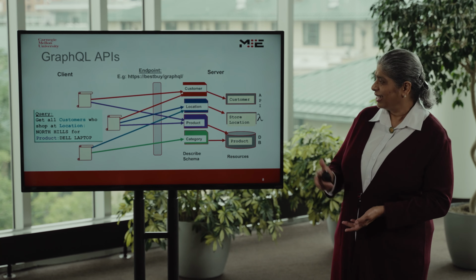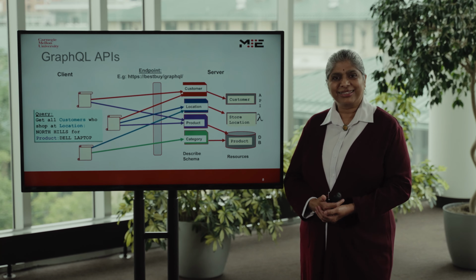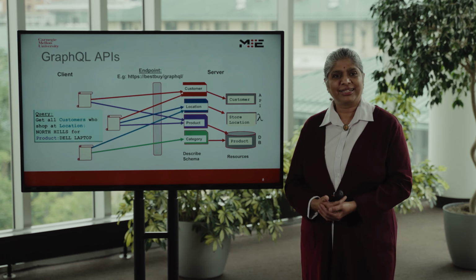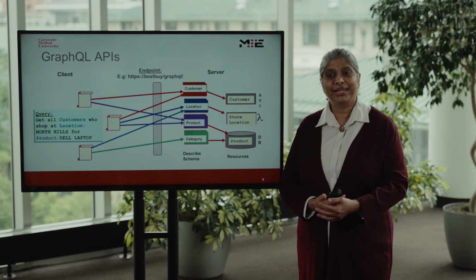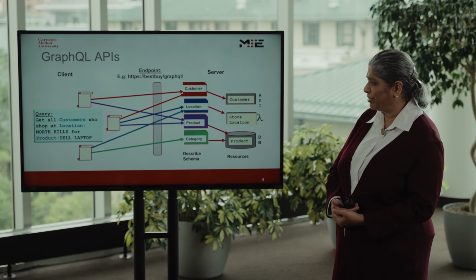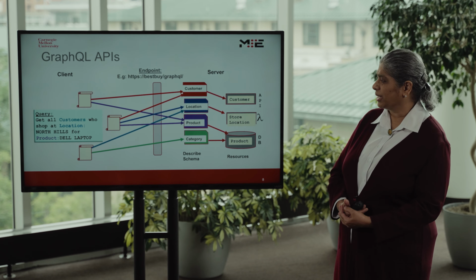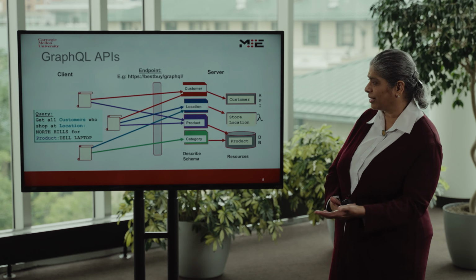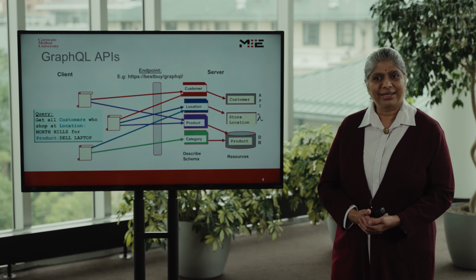And hey, look at the client's end. As a client application, you just need to write a query just like you would do for any database. I've just given you an example of a query, which is to get all customers who shop at a location called North Hills for the product called Dell laptop.